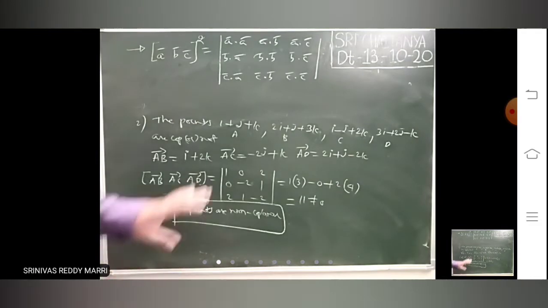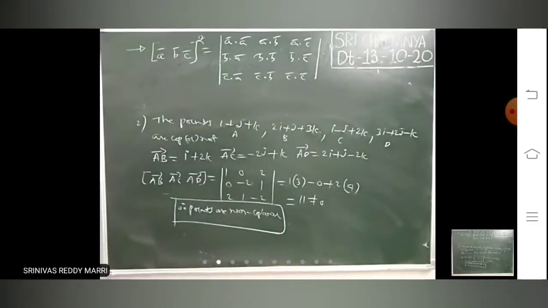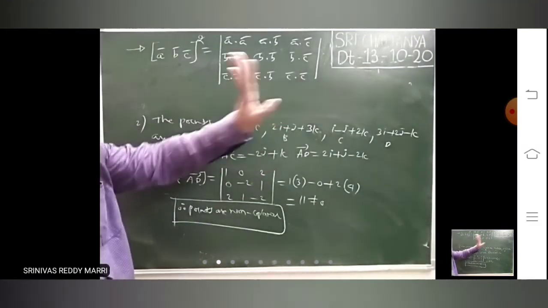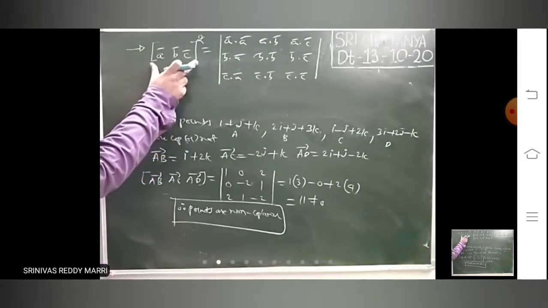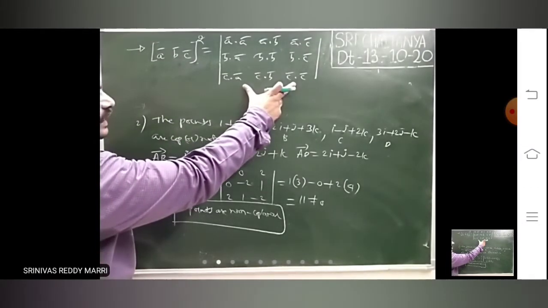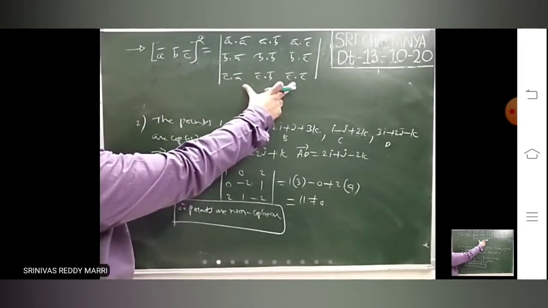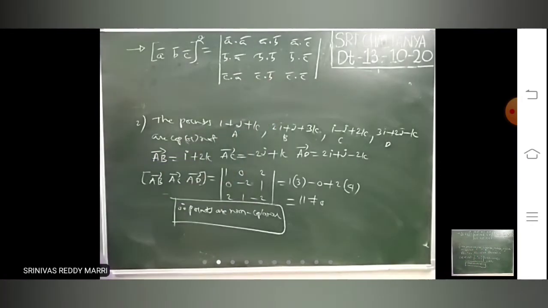Remember this formula. This is actually related to properties of determinant sum. For the time being, proof is not necessary. Box ABC whole square is nothing but this determinant. If you calculate this determinant, you will get some value. Then you can get box of ABC.